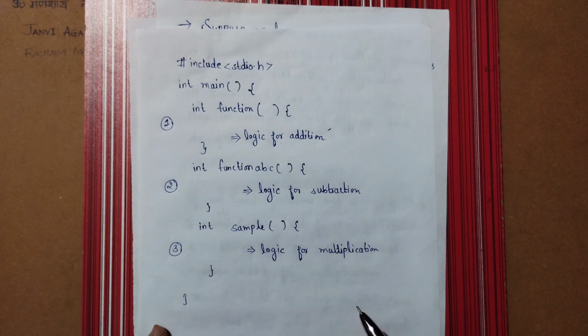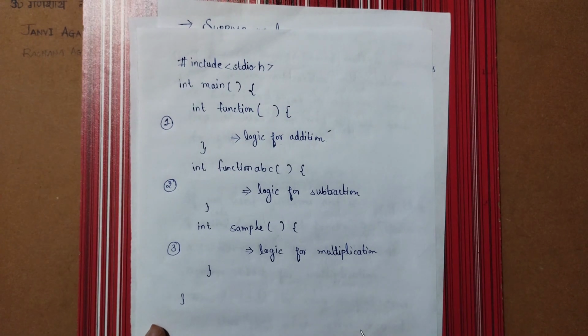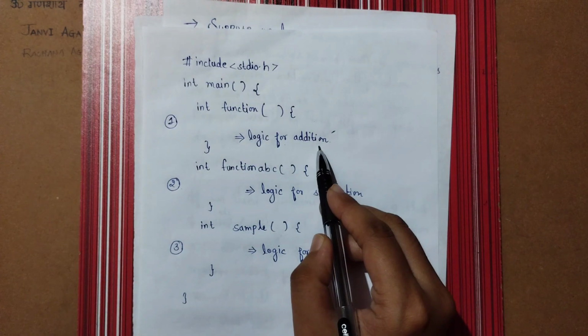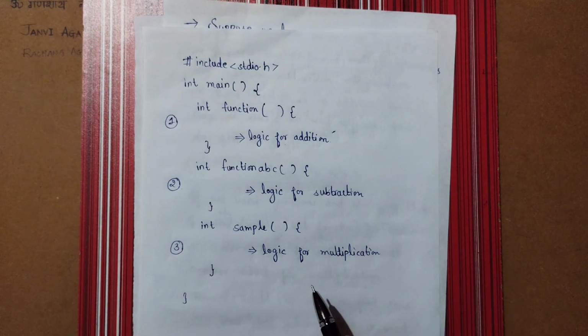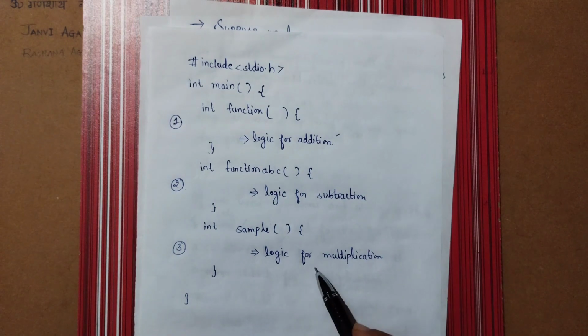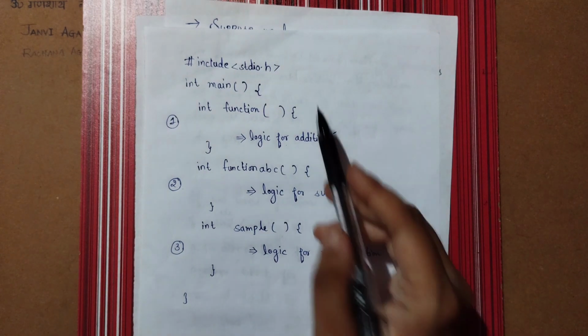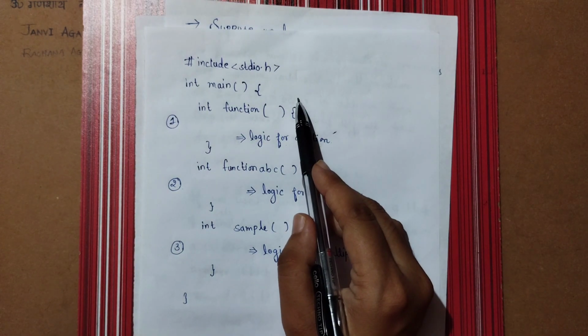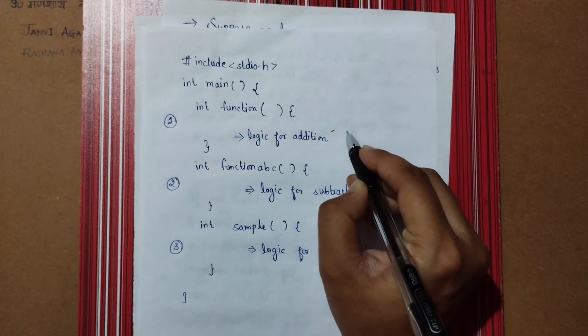If you find the error in the addition part, it is not necessary to check the whole code starting from the main function. You'll check for the error in this part only.